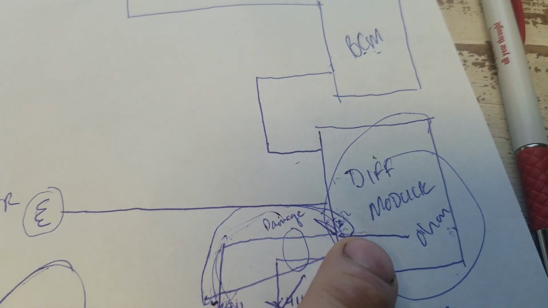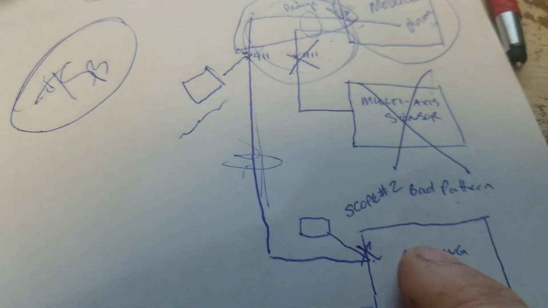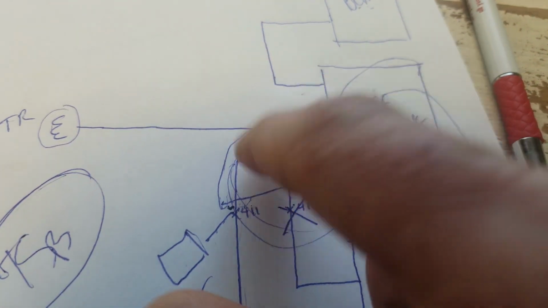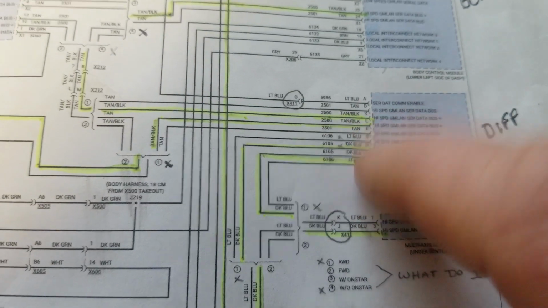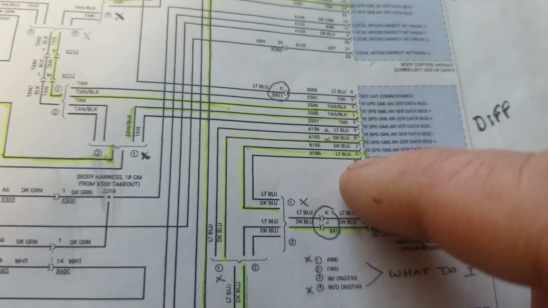Okay, let's say for instance you ohm these wires out, and everything checks out. Looking back at our diagram, let's say we checked these two wires going to the diff module from the steering angle sensor, and those wires check out good. What would be my next step?